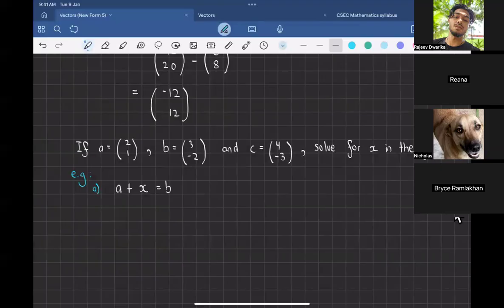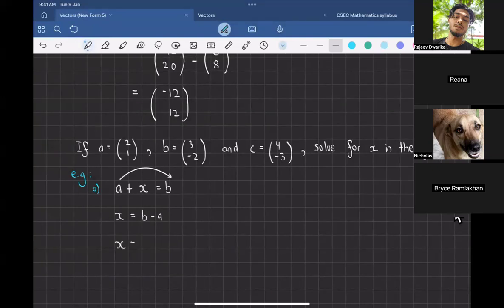So Nicholas, we're gonna make X the subject. If I want to find X, what do I have to do with the A? Just subtract A from the two sides. So I have to move A across to the other side. So I'm gonna end up with X is equal to B minus A.